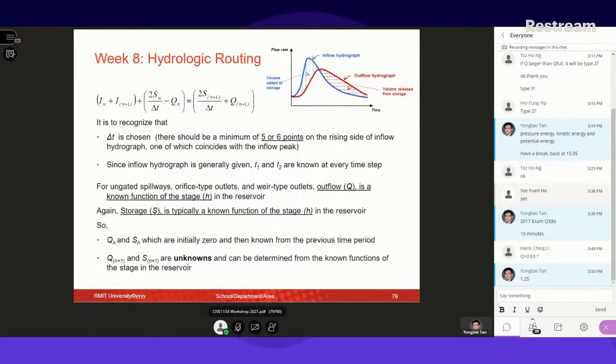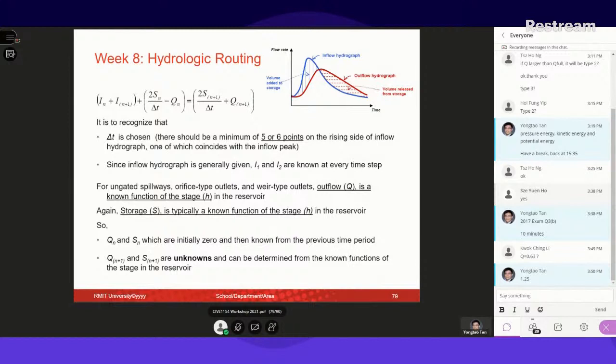As I just mentioned, I1 and I2 are known at every time step, because the inflow is known from the inflow hydrograph. For the uncontrolled spillway, orifice type outlet and the weir type outlet, the outflow is a function of the stage in the reservoir, because we just introduced the three types of outlet structures.